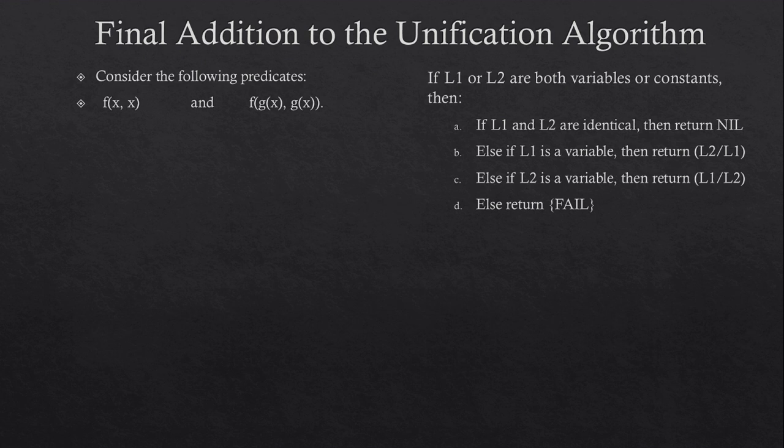Consider an example where the following predicates have to be unified: f of x comma x and f of g of x comma g of x. So pause the video for a minute or two and think about what steps the algorithm would follow or should follow according to your understanding.